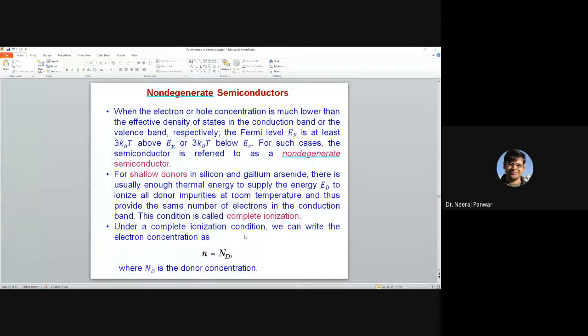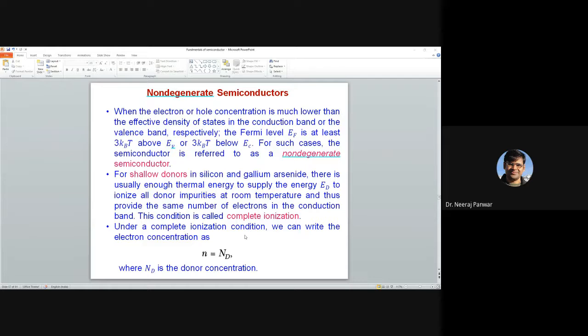Okay, so in the previous class, we discussed non-degenerate semiconductors. If you recall the definition, these are the semiconductors which have a low doping level. Means if it is an N-type semiconductor, then it will have smaller doping of donors, and if it is a P-type semiconductor, then it will have lower doping of acceptor atoms.